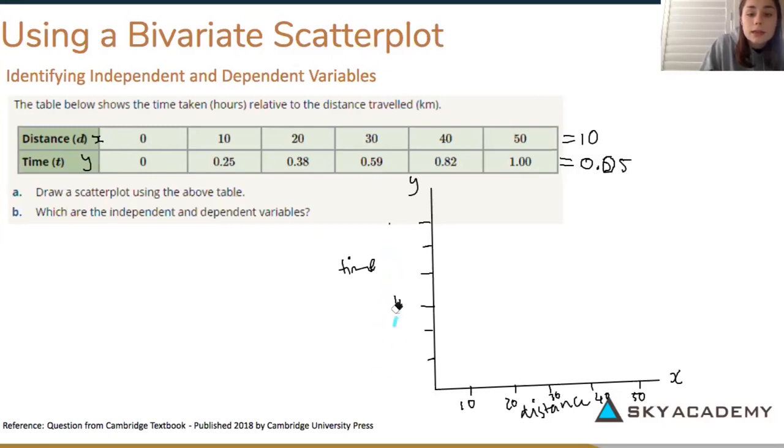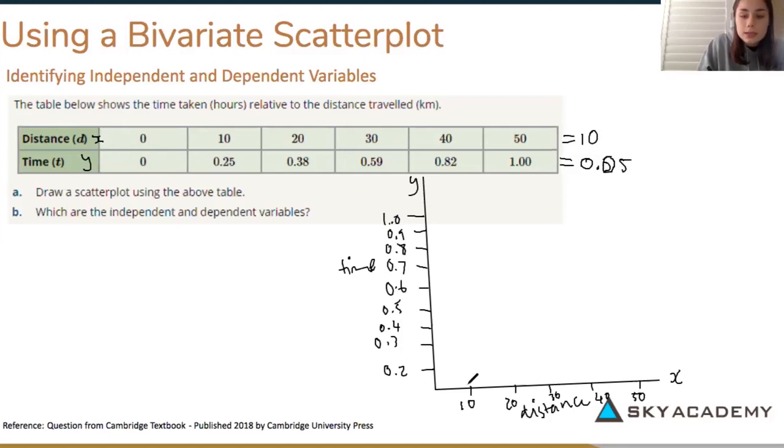Okay, let's try and move these again. Whoops, I just got rid of my y. That's fine. Try again. So let's have 0.2, 0.3, 0.4, 0.5, 0.6, 0.7, 0.8, 0.9, 1.